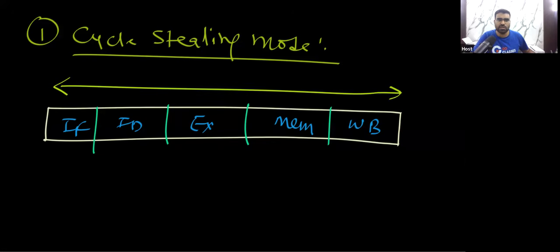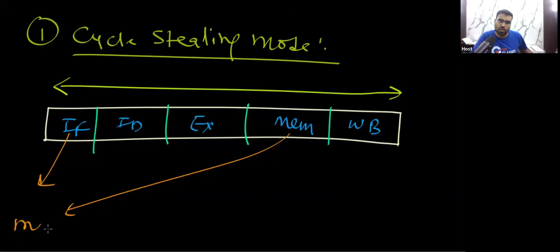During this instruction execution, in which stage does the CPU need to access the main memory? Only in this stage, and also in this stage. Yes or no? Only in these stages main memory access is needed.